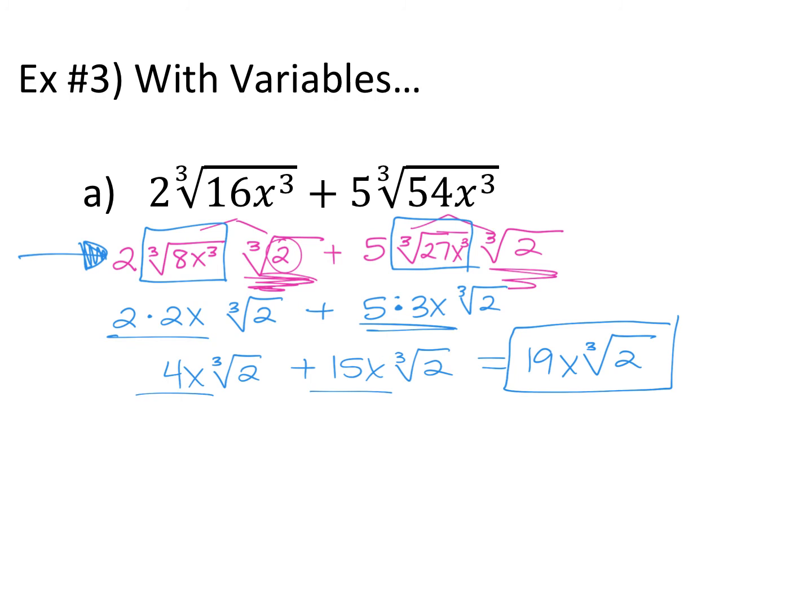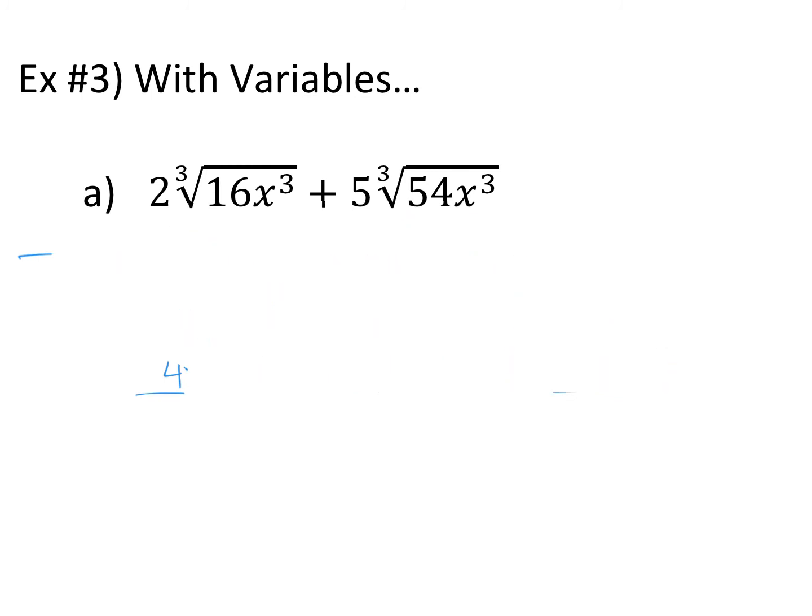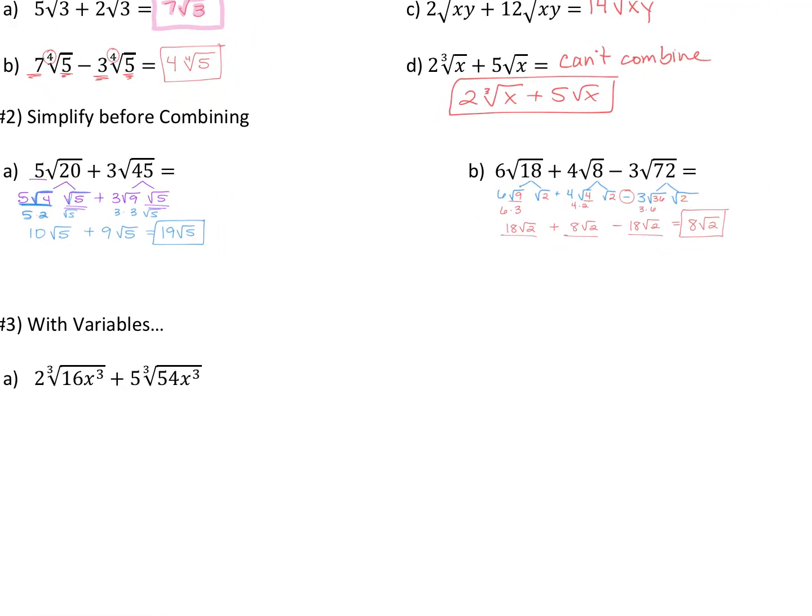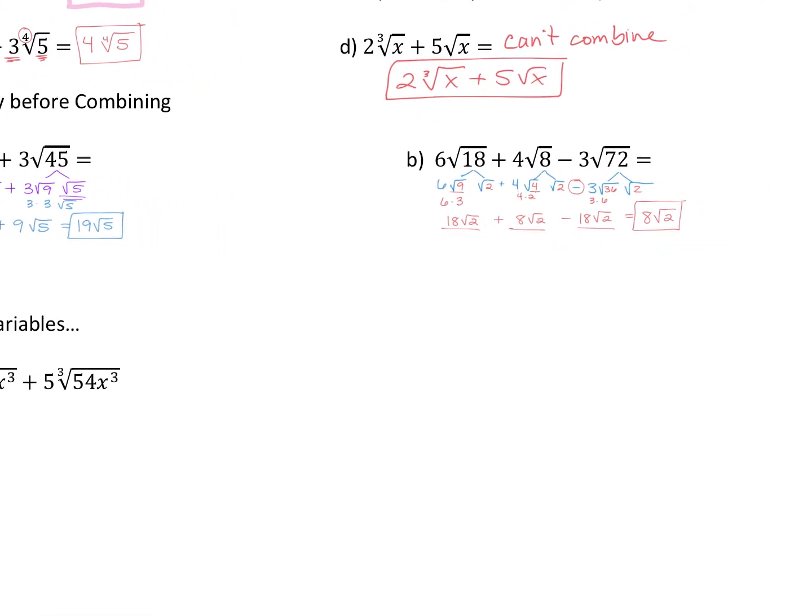Okay. I'm just going to erase the whole thing and show you again. I'm done. That's the whole lesson for today. So you guys can get started on your homework, and I will re-explain this one for anyone that wants to see it again. Can you go back to D, the one before? Just what the answer is? Yeah. It's 8 rad 2.